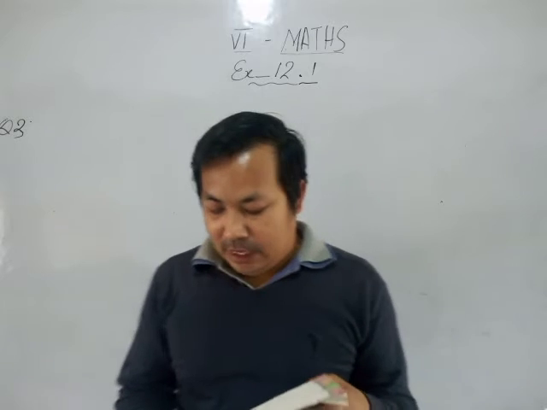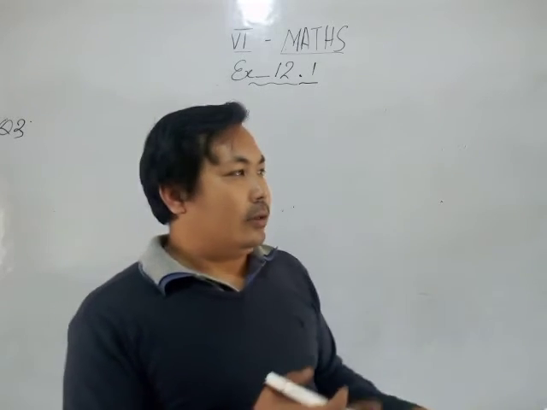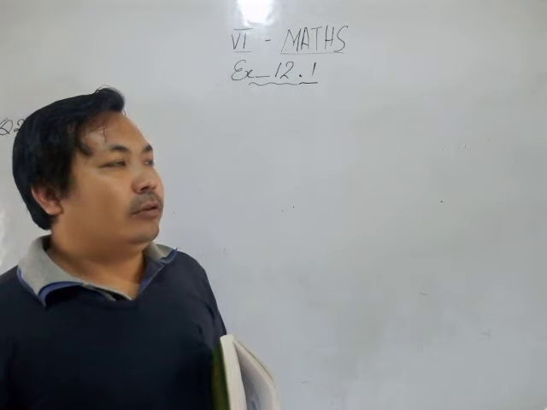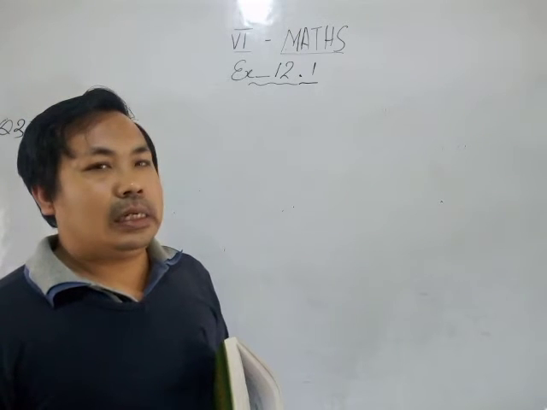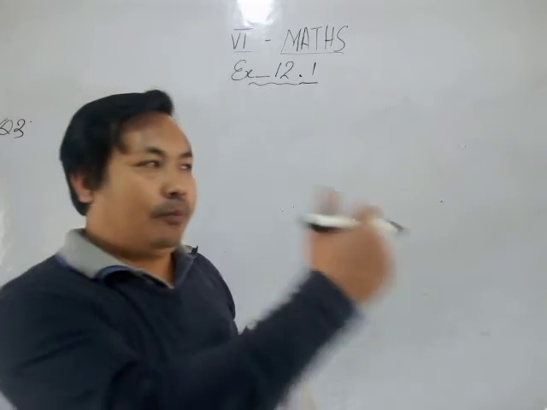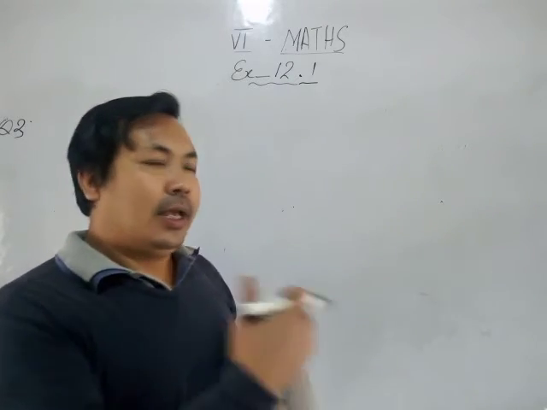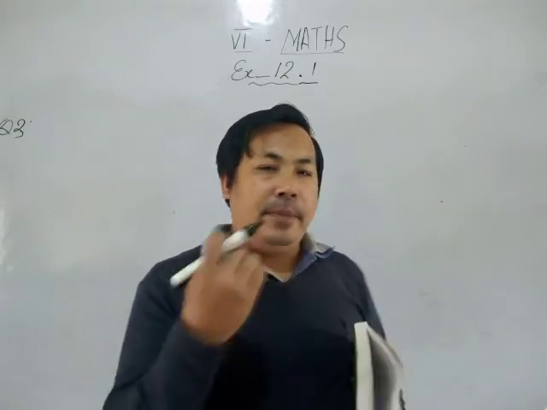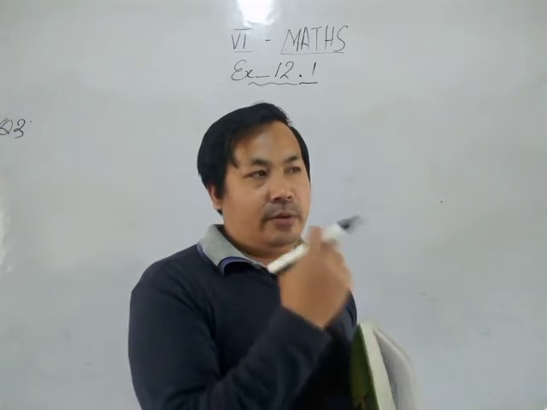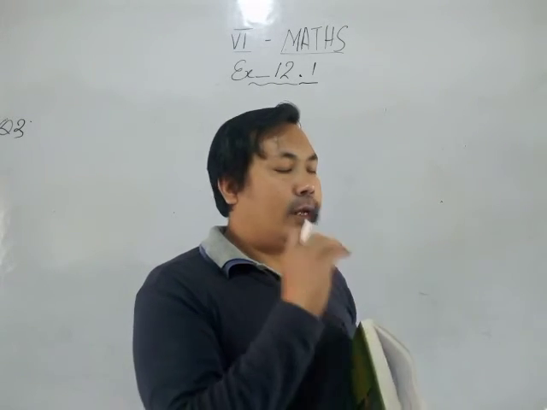One more thing, my dear student: when we find the ratio, we can find it only if the quantities have the same units, rupees and rupees, kilometer and kilometer, meter and meter. Otherwise, we cannot find the ratio.